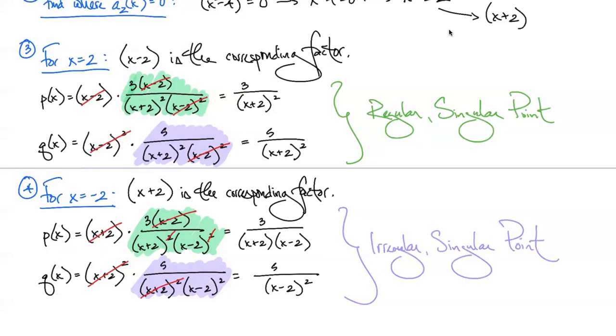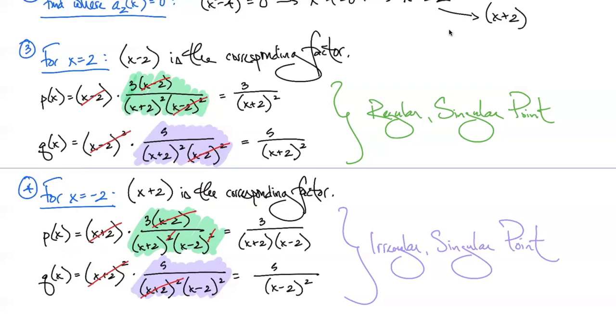Okay. So we have a regular singular point and we have an irregular singular point. Okay. So we could have both in terms of the type of problem. Okay.